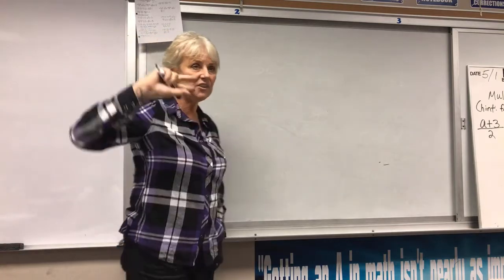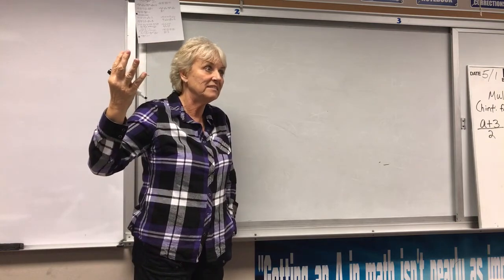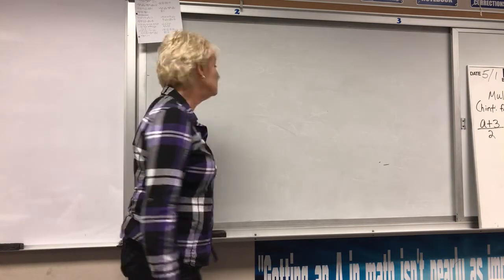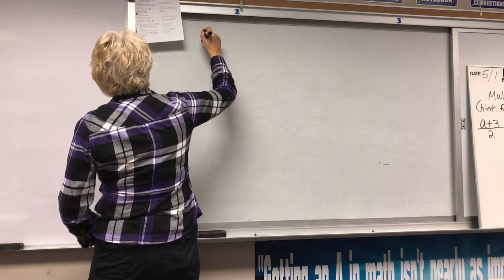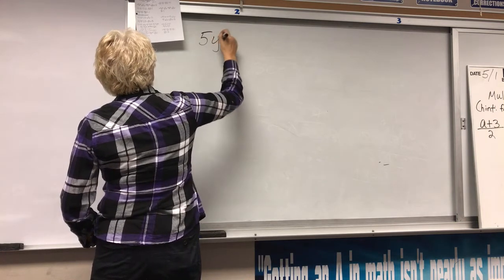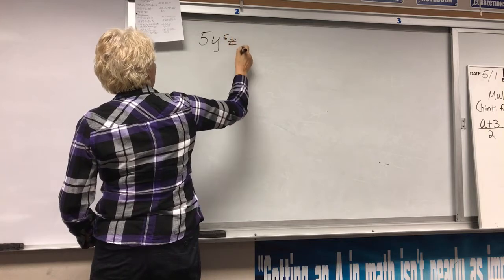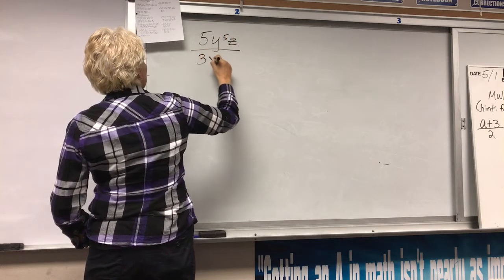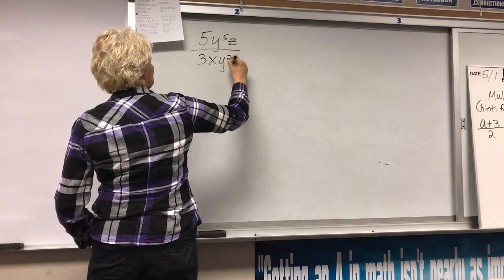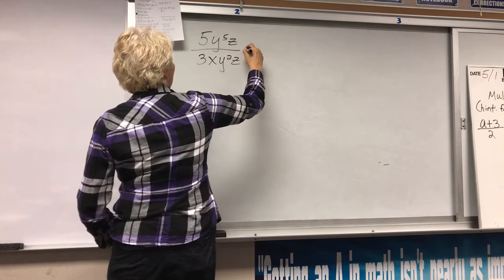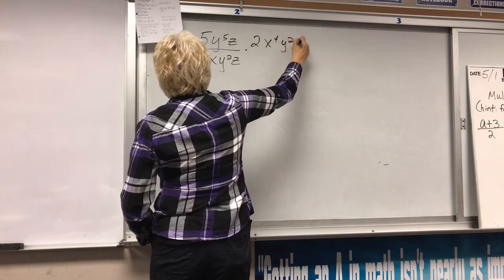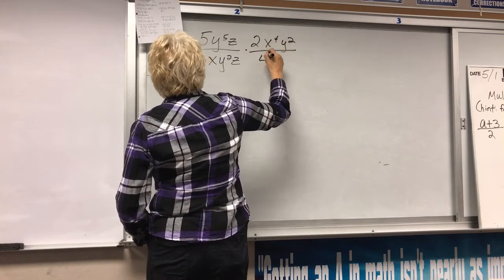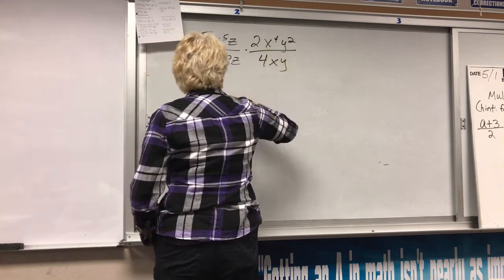Tomorrow we're dividing. All you do is flip it and do the same thing. All right, try this one with a lot of variables. 5 y to the 5th z over 3xy squared z times 2x to the 4th y to the 2nd over 4xy. Do it any way you want to.